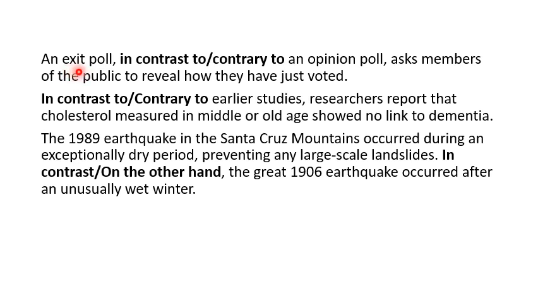So in this sentence, we are contrasting the exit poll from the opinion poll. The opinion poll is when we do the questionnaire, or ask people before the election, before doing the vote. So we are contrasting the exit poll from the opinion poll by using in contrast to or contrarily to.